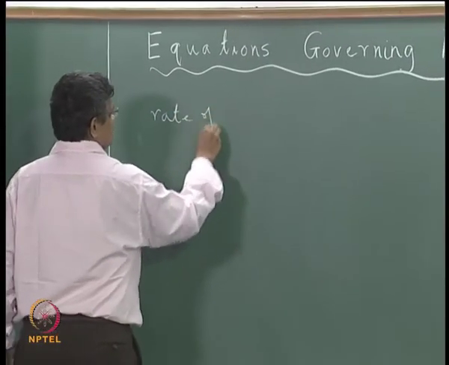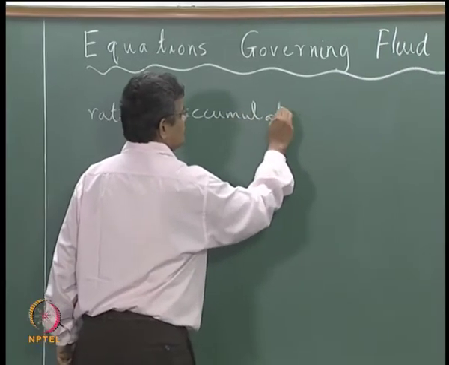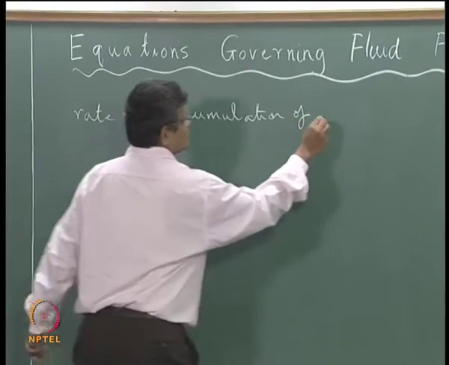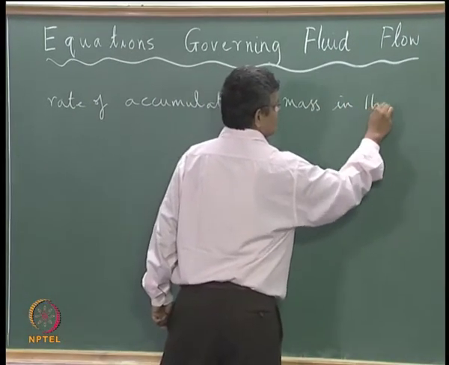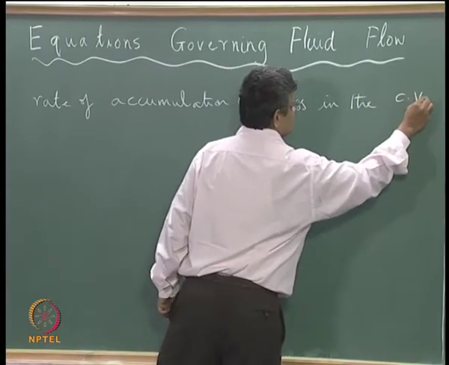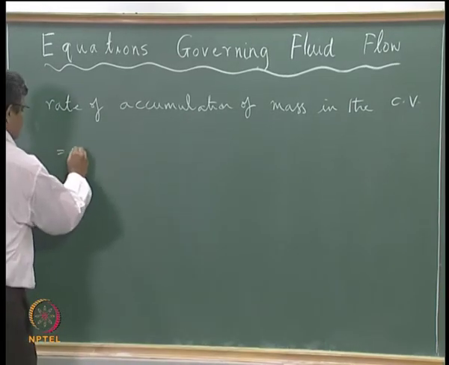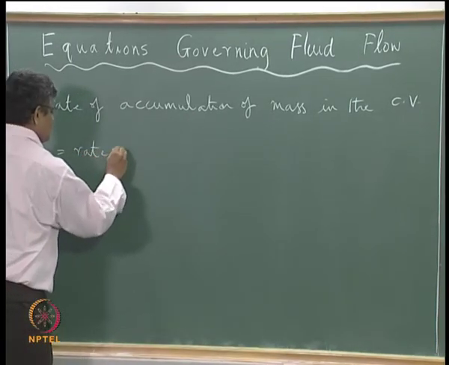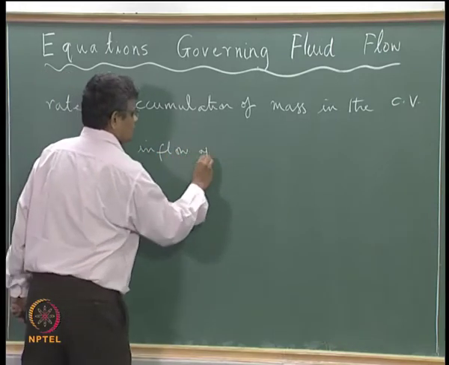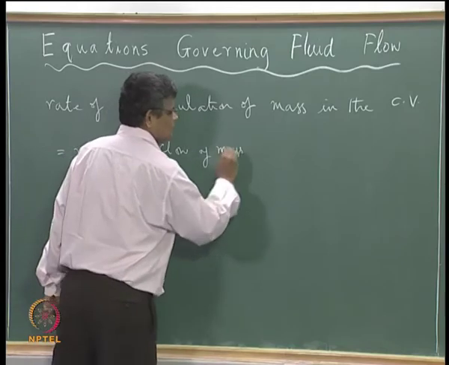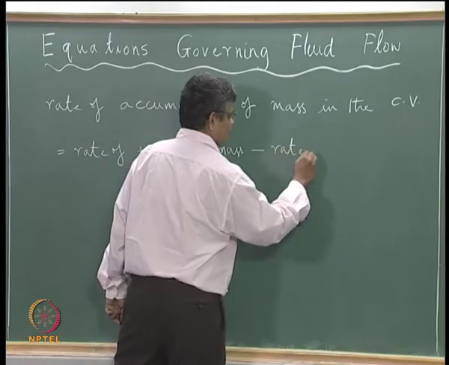Rate of accumulation of mass in the control volume, which I am abbreviating as CV, is equal to rate of inflow of mass into the control volume minus rate of outflow.